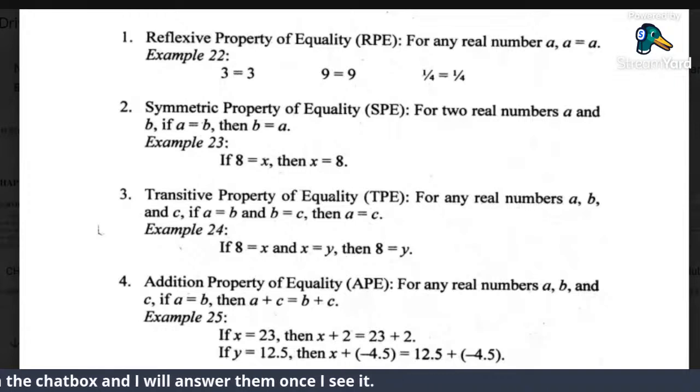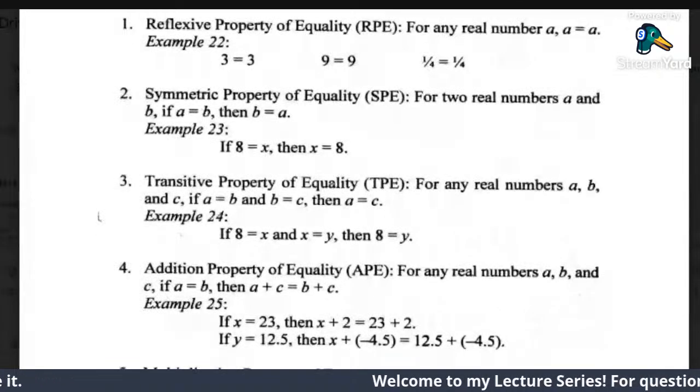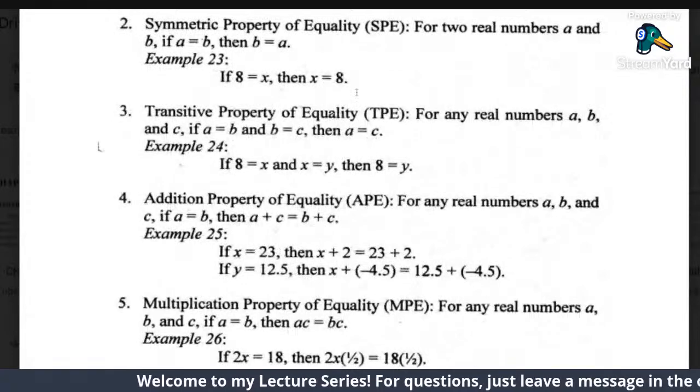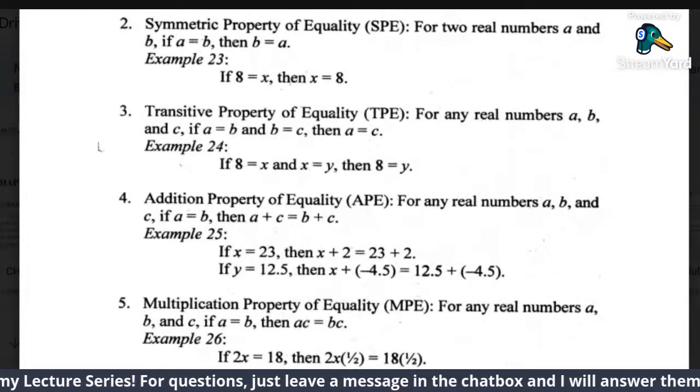Because basically 2 is equal to x is equal to 2. All right, that's the symmetric property of equality. If a is equal to b, then b is also equal to a.